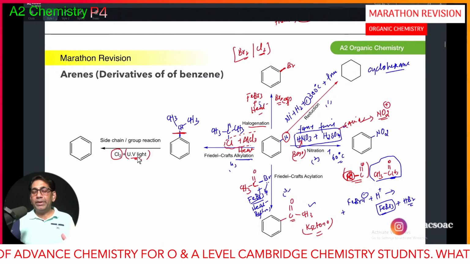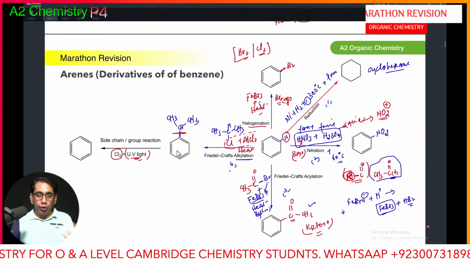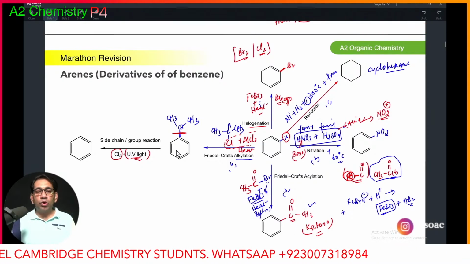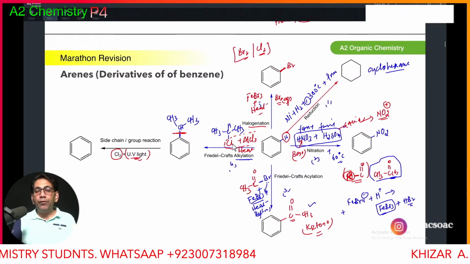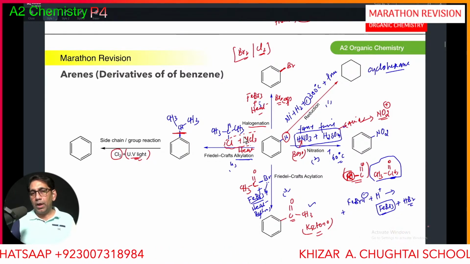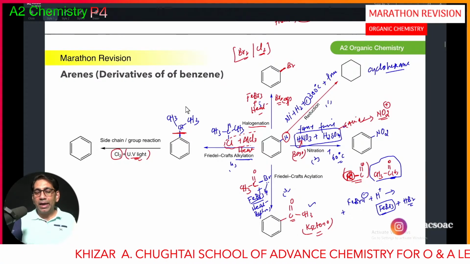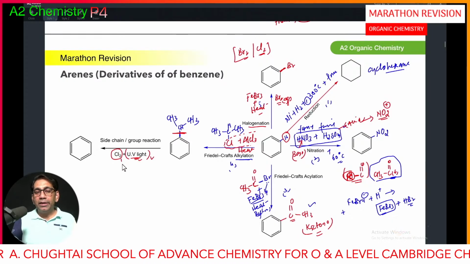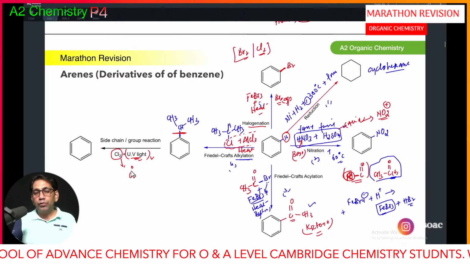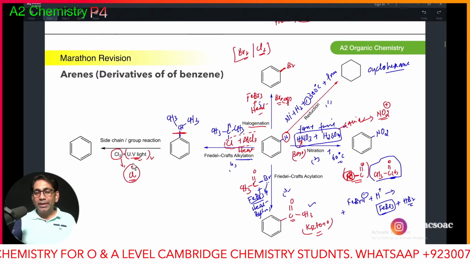The basic purpose of this reaction is to show you that benzene is not going to react with the halogen if you are not using AlCl3 or FeBr3. So what will happen? This is the alkyl group. Here is UV light. This chlorine will change itself into radicals. So there will be a radical reaction.